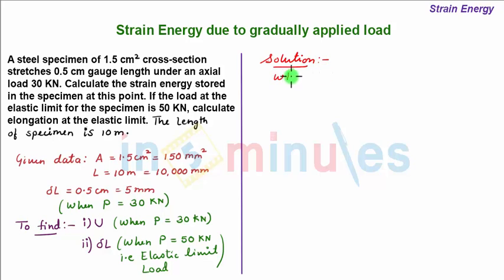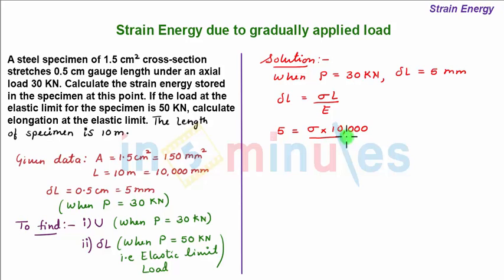We see when load was 30 kN, your elongation delta L is 5 mm. So we know the formula for delta L as delta L is sigma L by E. So if we substitute the value of delta L as 5 mm, we get 5 is equal to sigma multiplied by length, length is 10,000 mm, upon E. Now since the value of E is not given, but it has been mentioned that your material is steel, we take the standard value of E for steel, which is 200 gigapascal.